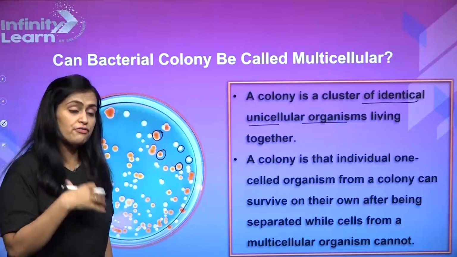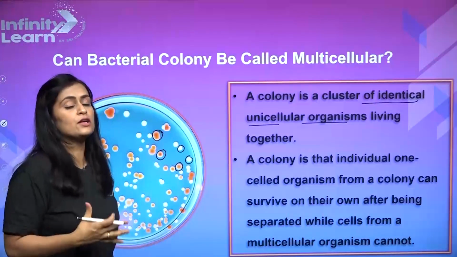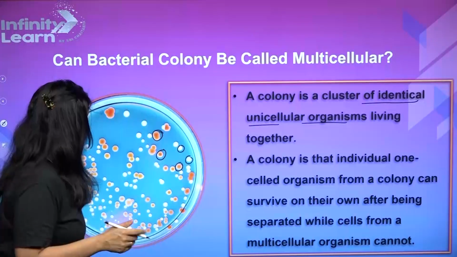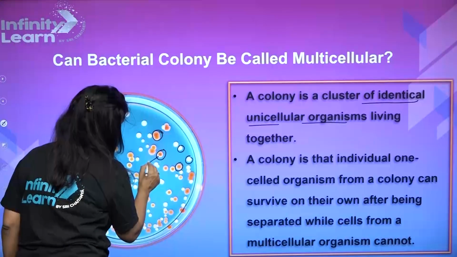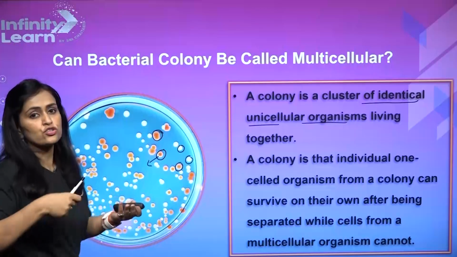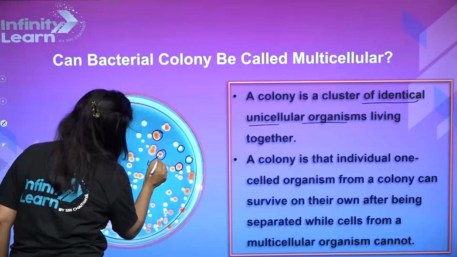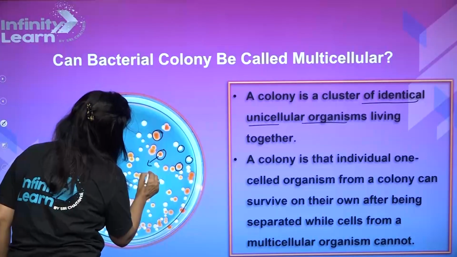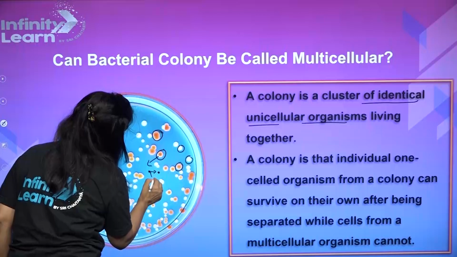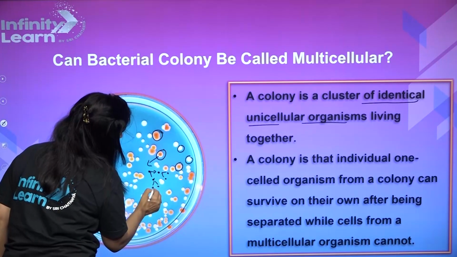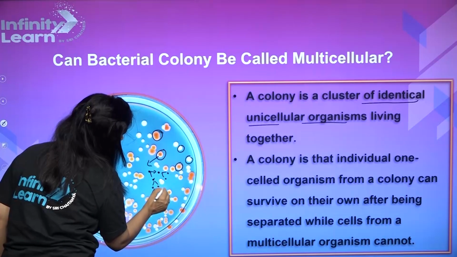On top of it, if we want to differentiate between a multicellular organism and a colony, very simple. If you can remove a single cell from this, there are techniques to remove that, we call it the isolation of cells. When we isolate a single cell, it has the capacity to divide further and grow into new cells altogether, right?